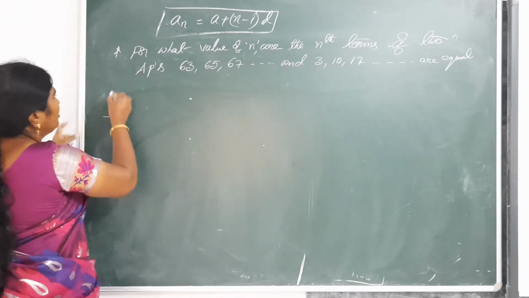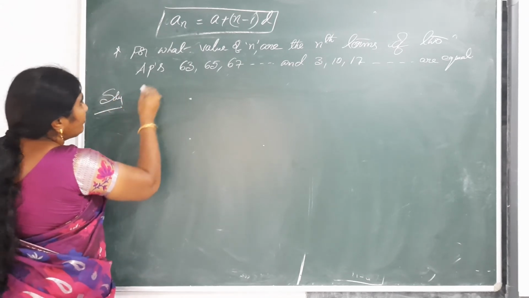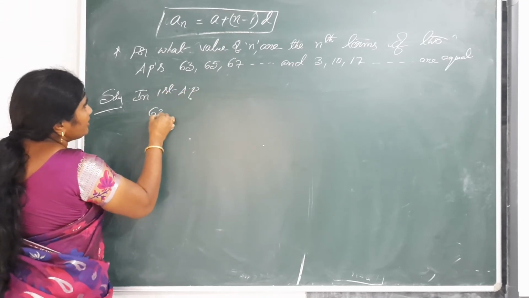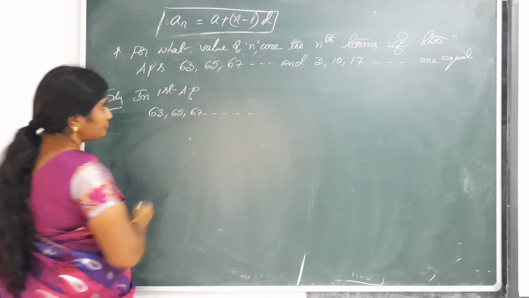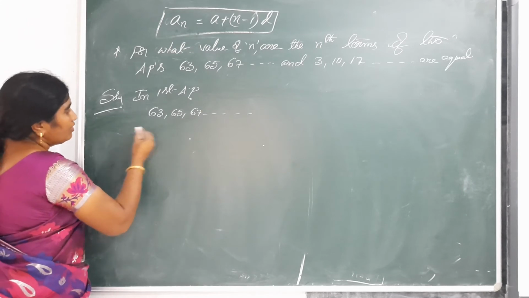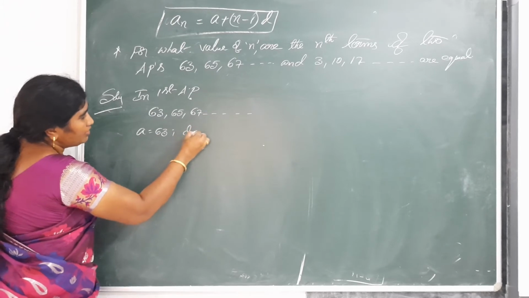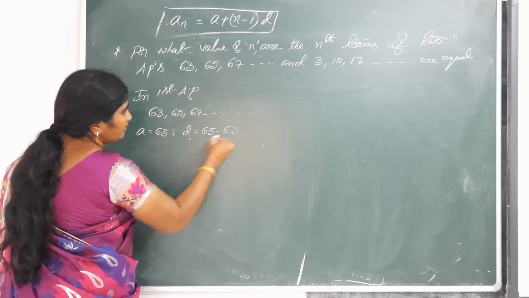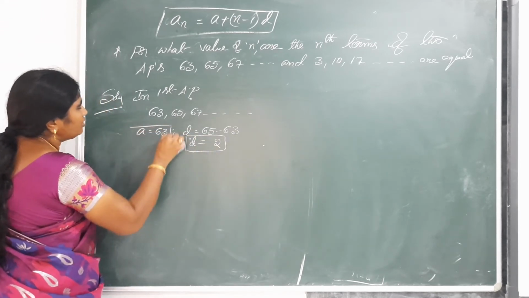First, in the first AP, 63, 65, 67 and so on, we write the nth term of the AP. The first term A equals 63, D equals second term minus first term, 65 minus 63, that equals 2. Here the D value equals 2, the A value equals 63.